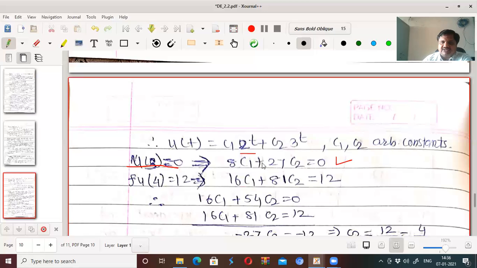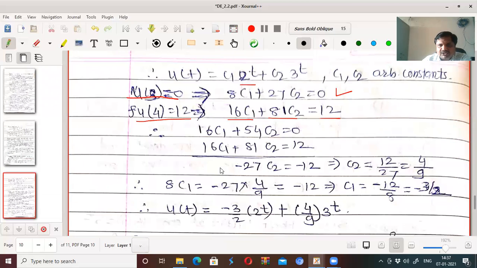We get the first equation. Similarly, using the second condition, u at 4 equal to 12, by putting t equal to 4, 2 to the power 4 means 16c1, 3 to the power 4 means 81c2 equal to 12. This condition is given.